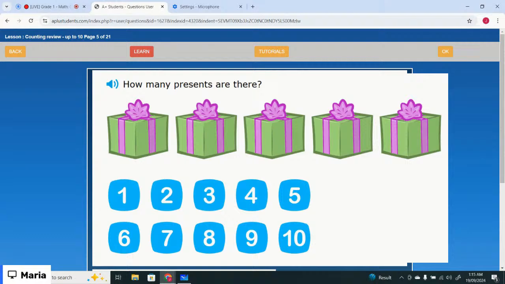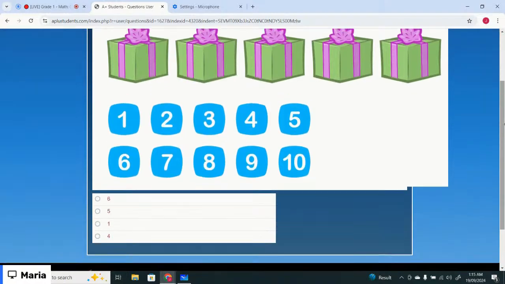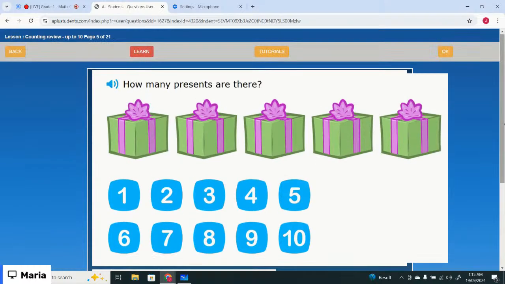Yes, the correct option is 5. Option number 2 is the correct option, right? There are 5 presents. The correct option is 5.